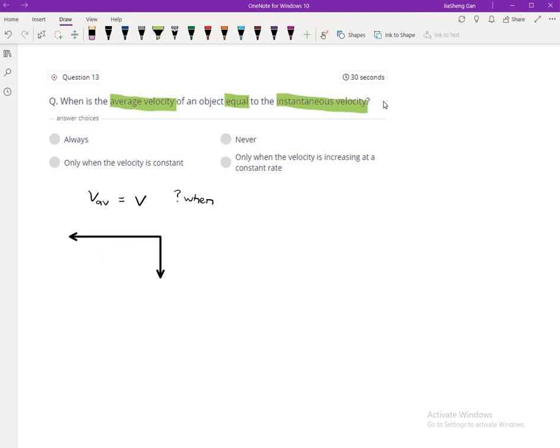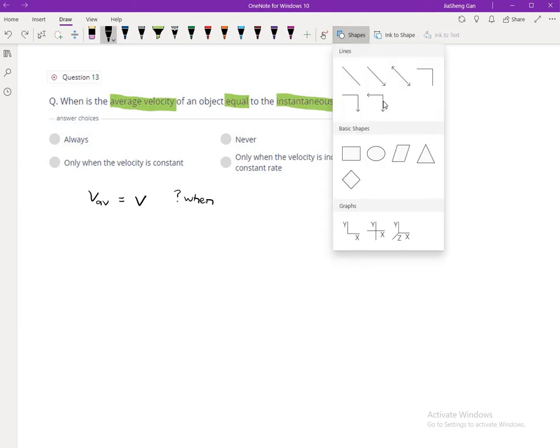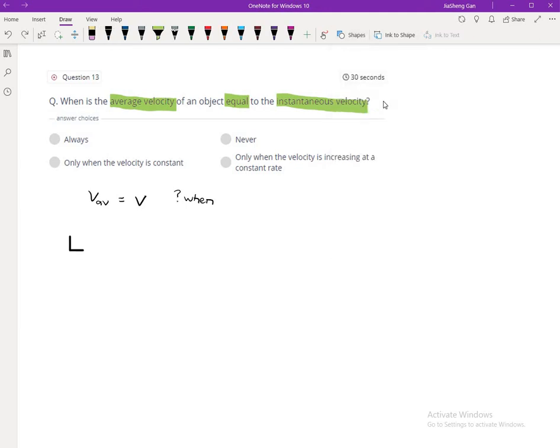Okay. I want this graph. This is when the velocity is constant. Why? Okay. If your velocity is constant, your velocity time graph will probably look something like this.